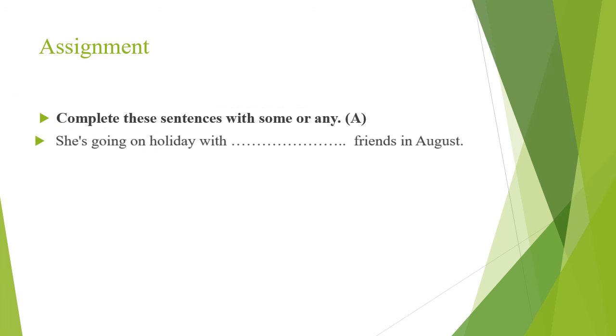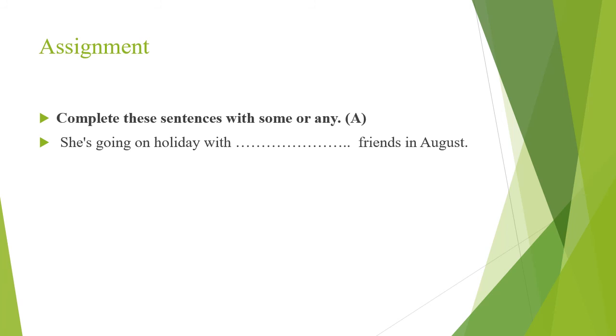Now, as usual, let us move to the corner of assignment. Here is an assignment. You have to do it, and please try to hand it in before the next lecture. You have a week to do this assignment. Complete these sentences with some or any.